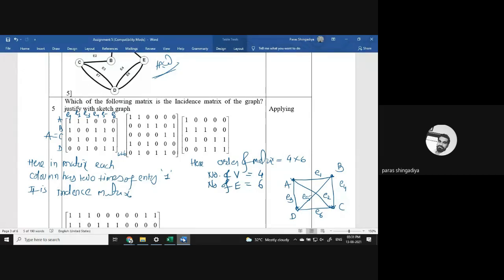Is it clear how to draw the graph based on the incidence matrix? Any confusion to anyone? Now do it for the second, third, and fourth matrix. All are incidence matrices. You can also write one line: it is an incidence matrix, we have verified it, and then draw a graph.